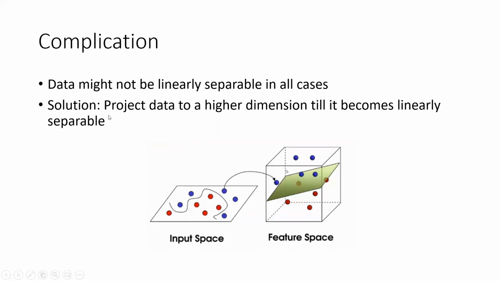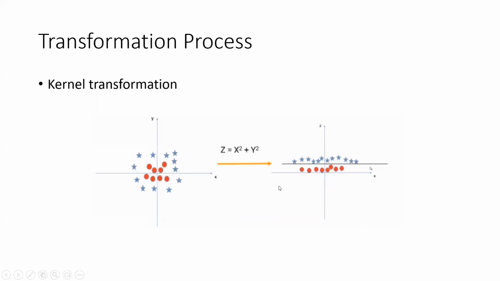Higher dimension as in you make a two-dimensional data set into a three-dimensional space. So you transform this input space into something called the feature space, where this transformation realigns or reorders these data points in a manner such that it becomes linearly separable. As to exactly how this transformation occurs, I will cover it in the next slides.